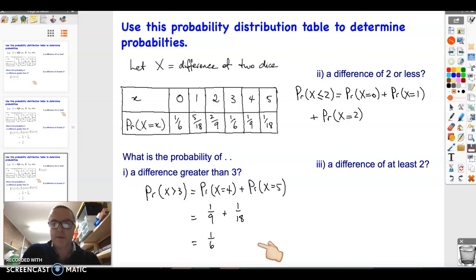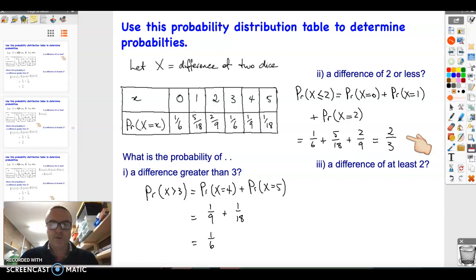So adding up each of those probabilities, I've got the probability that I get a difference of 0, a difference of 1, a difference of 2. And you can see the fractions associated with those probabilities, and I get exactly 2/3. So 2/3 is the probability that my difference will be 2 or less. So it's a likely result.